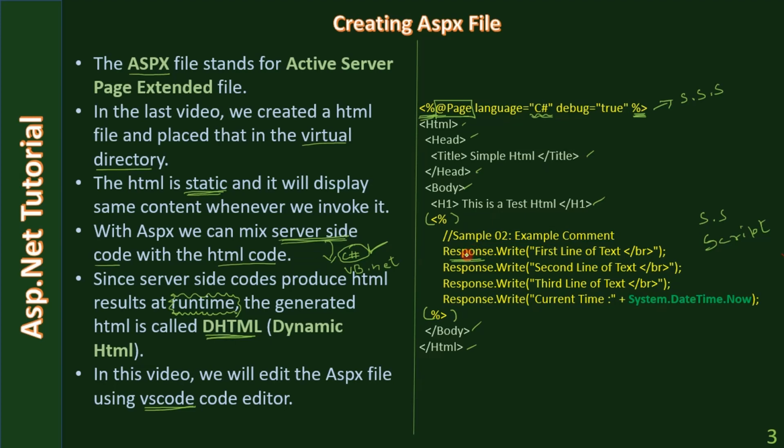So here we are responding to the browser. With Response.Write, we are calling the method Write on the response stream. Response.Write, first line of text, and you can see that in the text itself we are placing the break line HTML tag. Likewise we are printing the second line, third line, right?